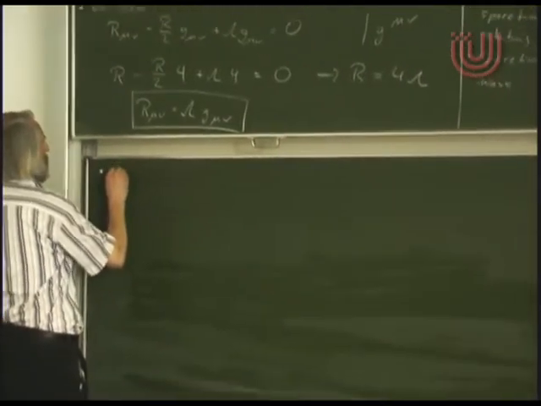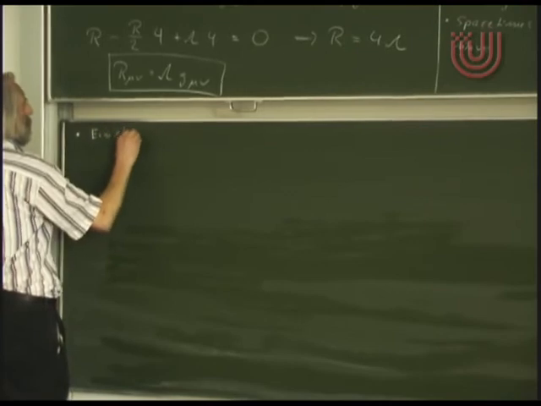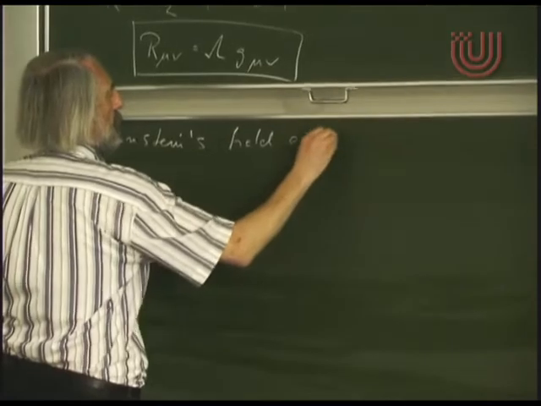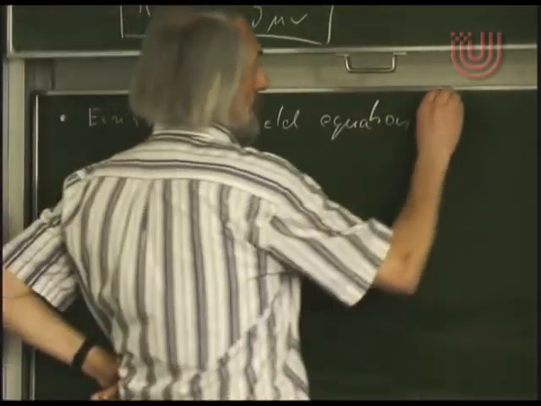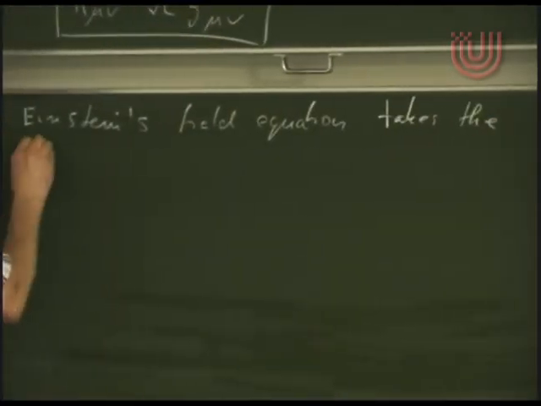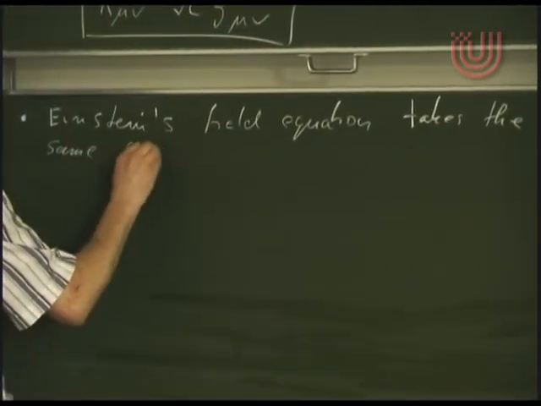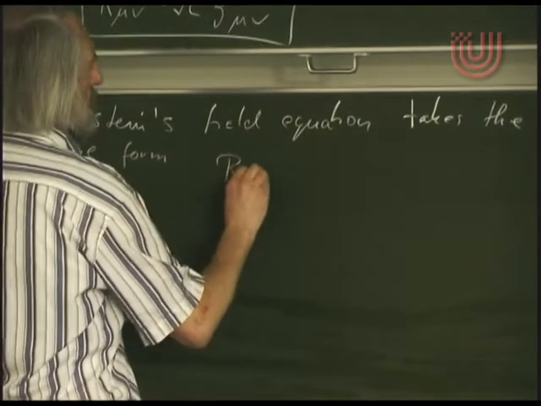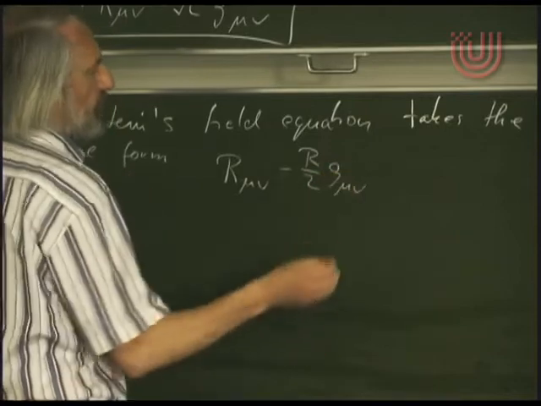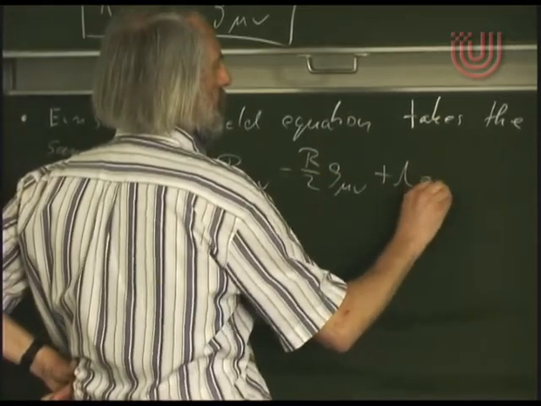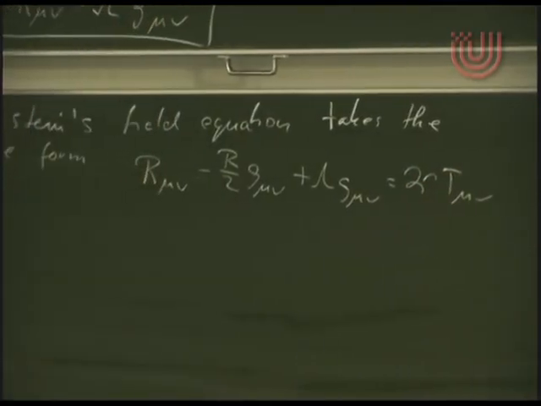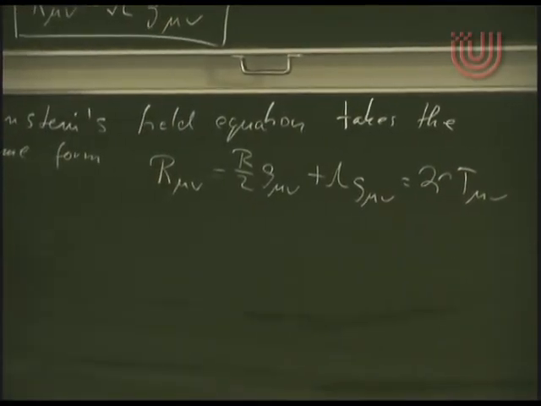So Einstein's field equation takes the same form. Let me write it again just to remind ourselves. Minus R half g mu nu, and if you like, you could also have the cosmological term. This form holds in an arbitrary coordinate system. Yeah?